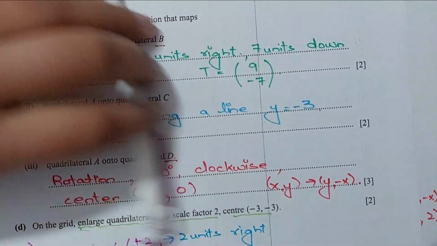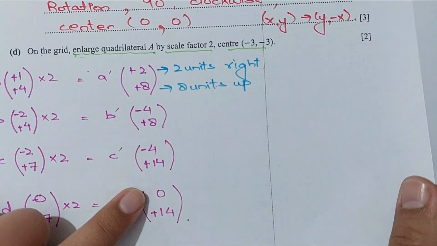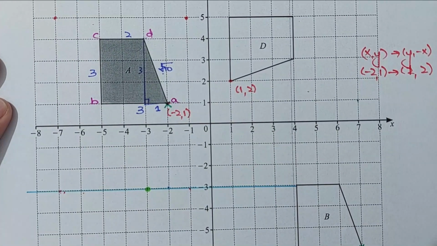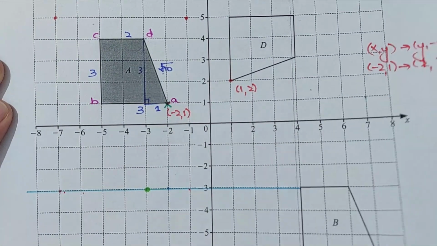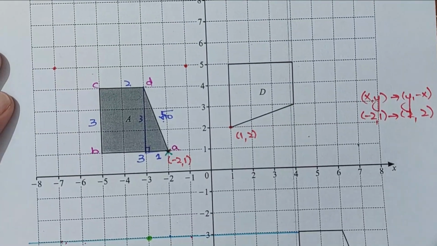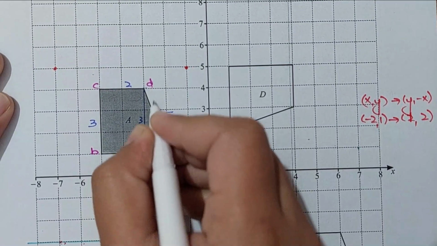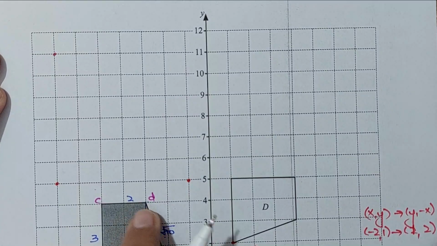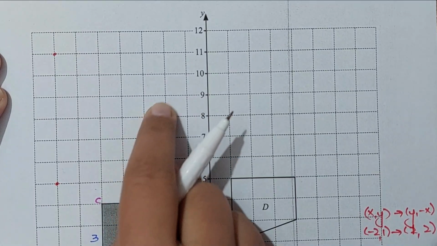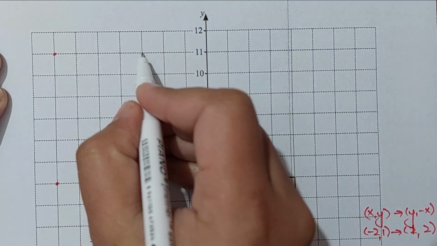The last one is 0 and 14. It means there is no horizontal translation, just a vertical one, 14 units up. So from here, we move 1, 2, 3, 4, 5, 6, 7, 8, 9, 10, 11, 12, 13 and 14 units.